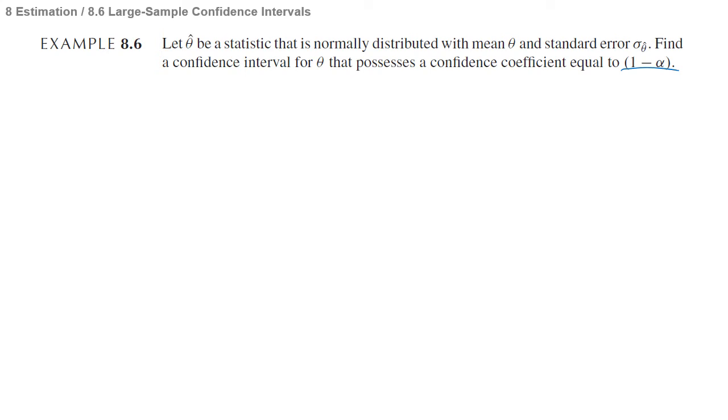Before we solve this problem, we know that theta hat minus theta divided by its standard error, sigma theta hat, follows the standard normal distribution, z, with mean 0, standard deviation 1. So we know the distribution of this quantity. Let's say this new variable is z.